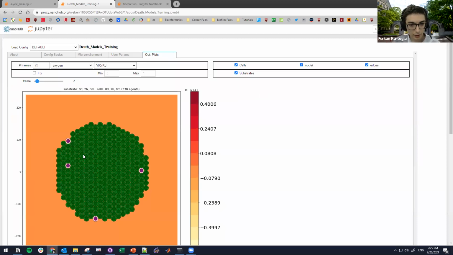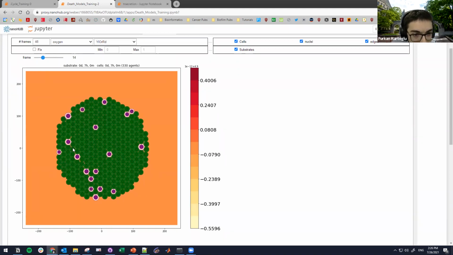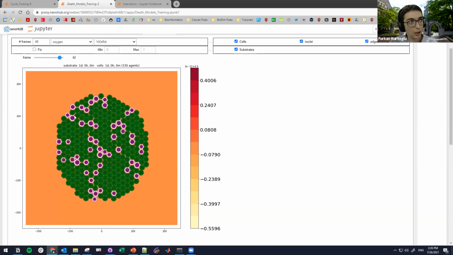Now some of them are starting to die. I just want to show that they first swell, and then they get smaller and smaller after they reach the rupture volume, which is, I believe, 2 times the radius.